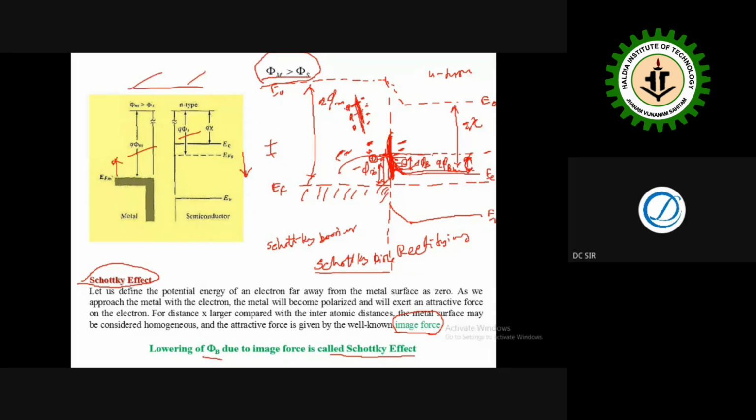Due to this force, the barrier potential is lowered, denoted by delta phi b. Due to that lowering and the forward bias, for the electron the barrier is very low. This lowering of the barrier due to the image force is called the Schottky effect.